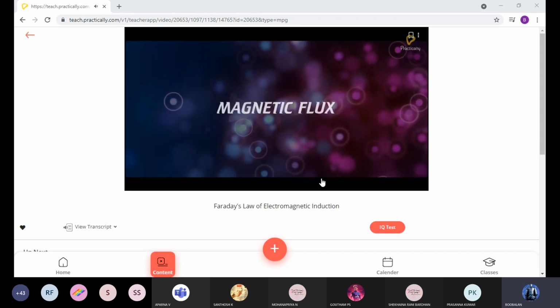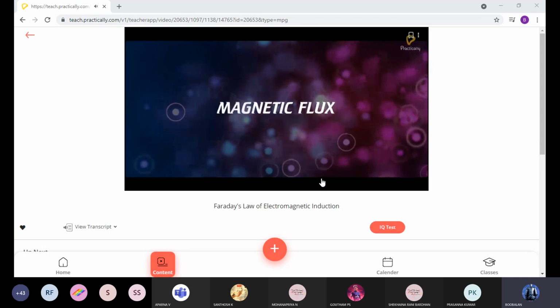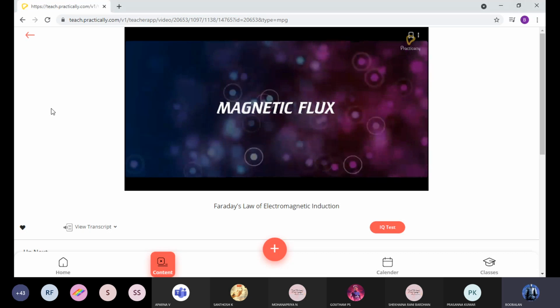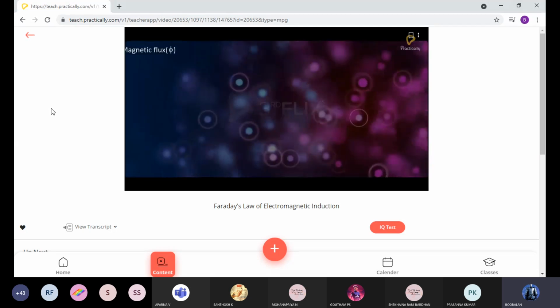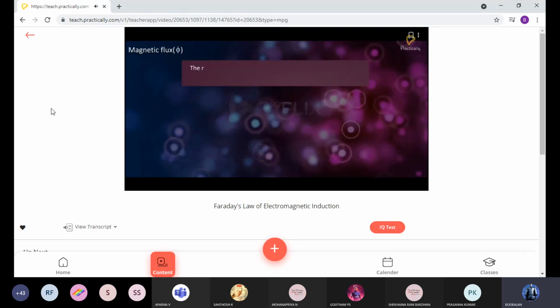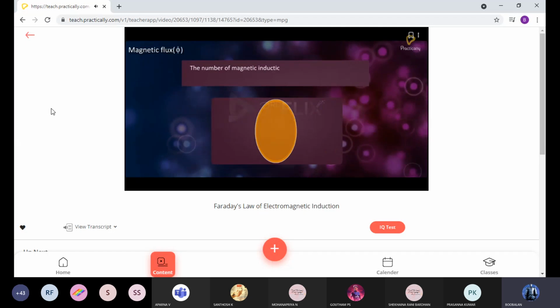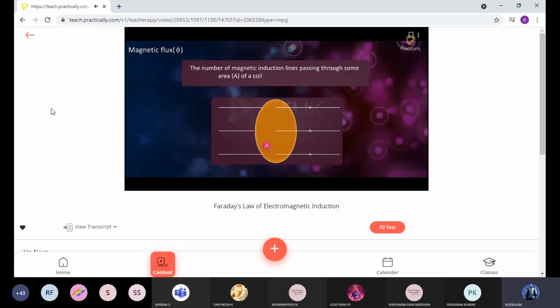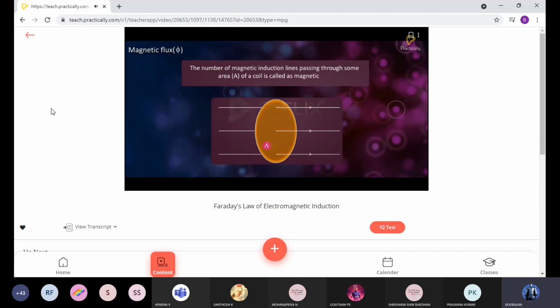Magnetic flux. Definition: the number of magnetic induction lines passing through some area A of a coil is called magnetic flux.